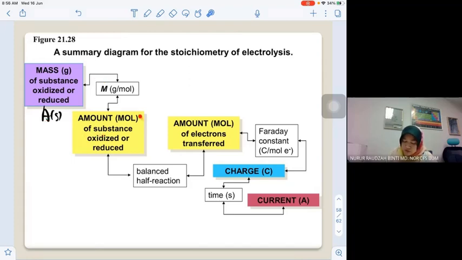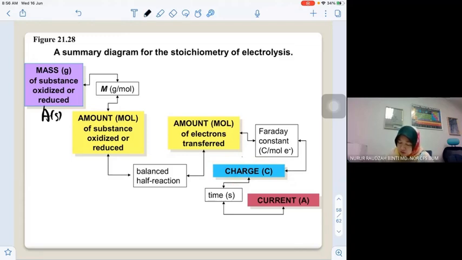From the moles of A produced, through the balanced equation, we can calculate the moles of electrons. If for 1 A it needs 2 moles of electrons, then we get the number of moles of electrons. Then by applying Faraday's constant, for every 1 mole, 96,500 coulombs of charge is transferred, so we can calculate the charge Q.